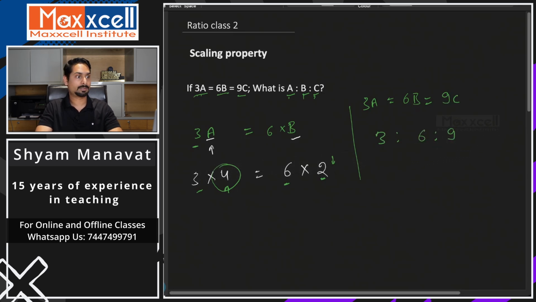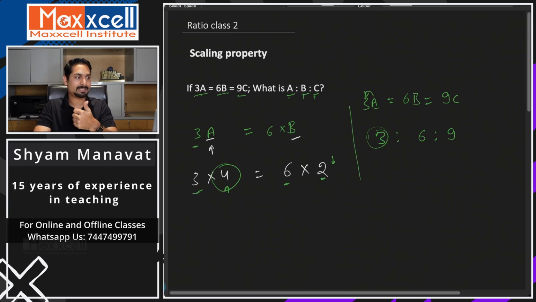Of course not, because this makes a the smallest, which is 3, and as we discussed just now, a has to be the largest number because a is multiplying with the smallest number to make it equal to the others. I hope this is clear.